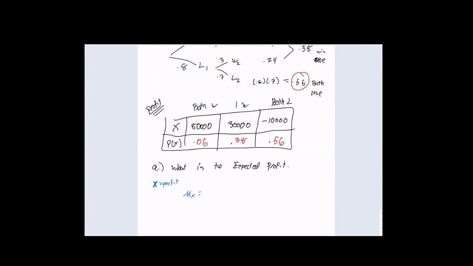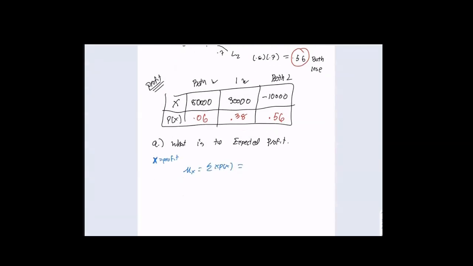So the mean would equal the summation of X times P of X, which is 80,000 times 0.06, plus, I just go right down the line, plus 30,000 times 0.38, minus, because it's a negative, 10,000 times 0.56.